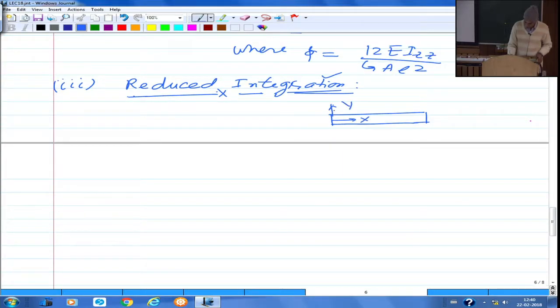You have just v2 and theta z2, and here you have theta z1 and v1. So this is the interpolation, and so let me write the essentially the expression for Ke. So the element level governing equation, rest of the procedure is same. I have taken out here u naught, so that you should be able to get into this.